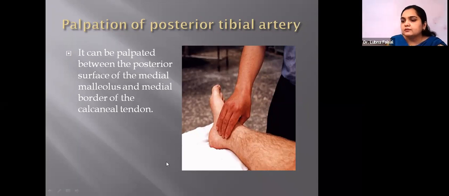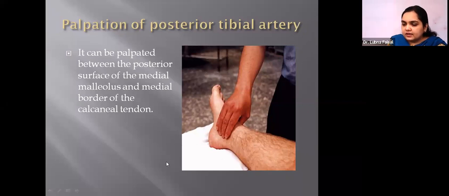What are the terminal branches of the posterior tibial nerve? Now write down in your chat box. And where does it give these terminal branches? Good. Medial and lateral plantar nerves.